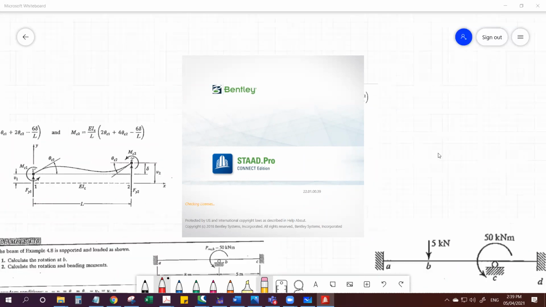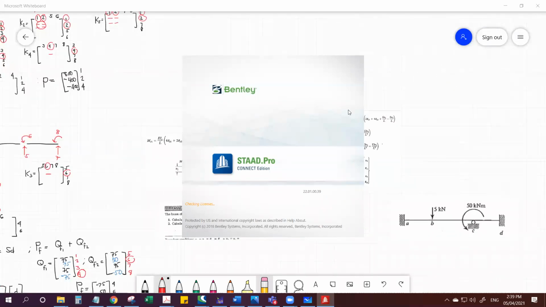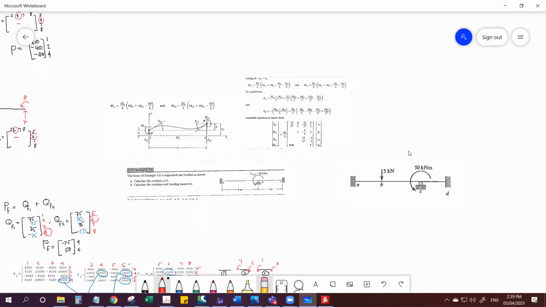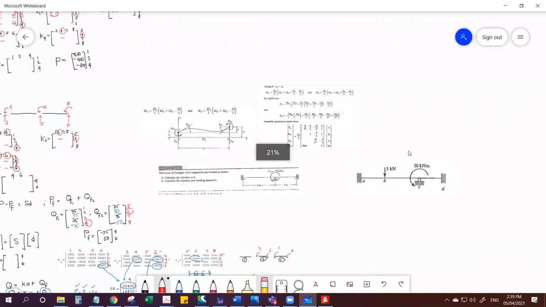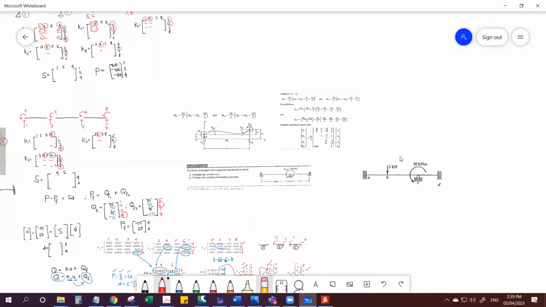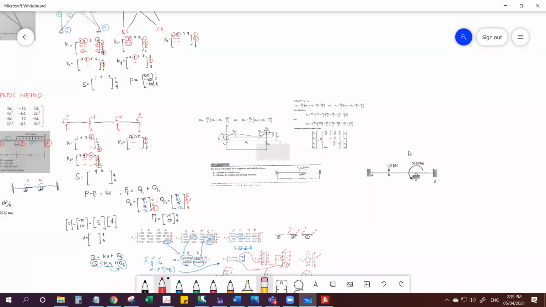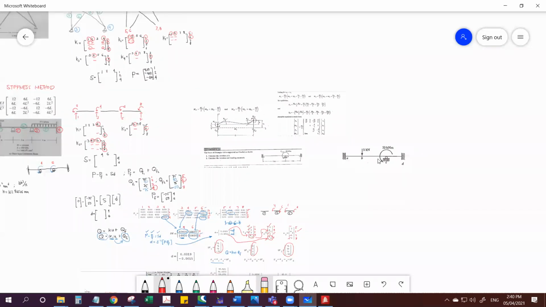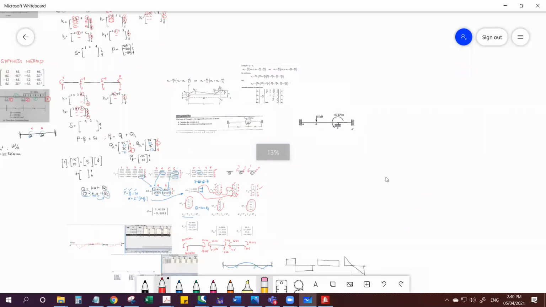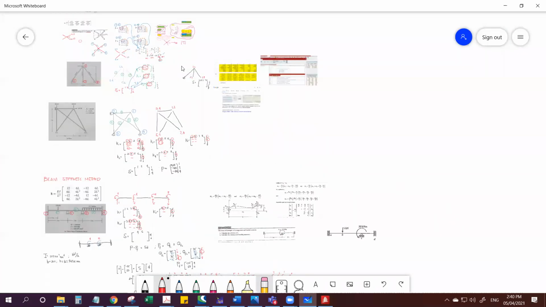I have an example here, the truss we had before. Where is that? It's missing. This one. Yeah.